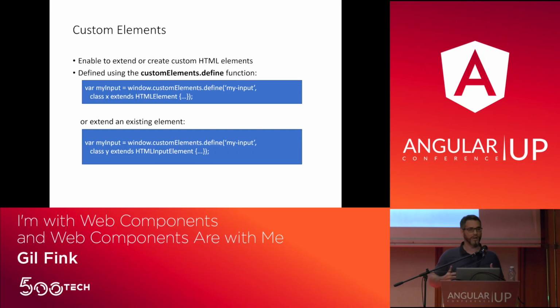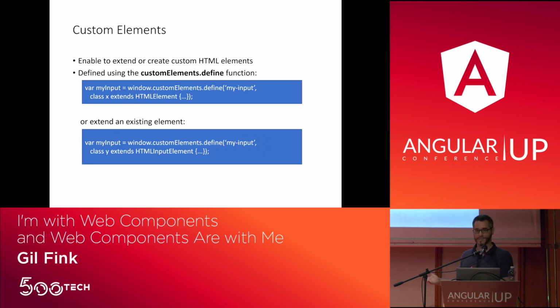So what are custom elements? Again, as I said, you can create native elements in your browser. How you do that? Either you extend HTML element, the generic HTML element, and get all the properties from that object, or you extend existing elements, like, for example, if I want to extend the input type.